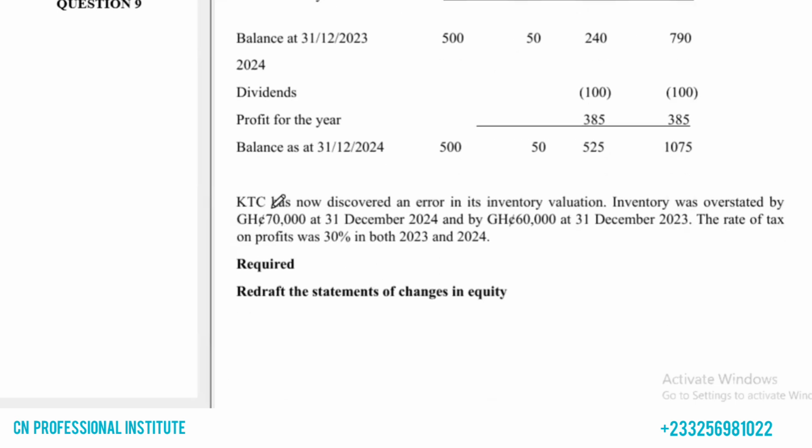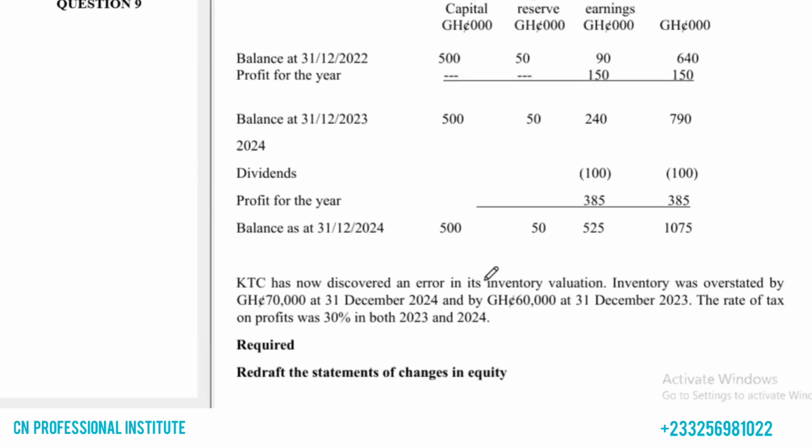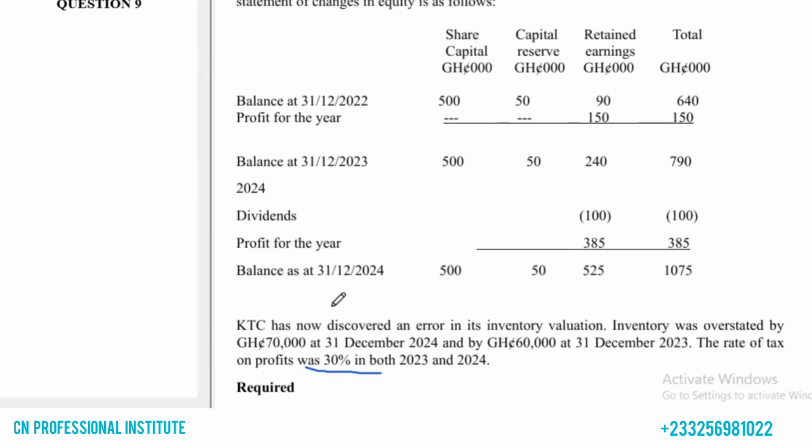And we are told that KTC has now discovered an error in its inventory valuation. Inventory was overstated by 70,000 at 31st December 2024 and by 60,000 at 31st December 2023. The rate of tax on profits was 30% in both 2023 and 2024, and the requirement is we have to redraft the statement of changes in equity.